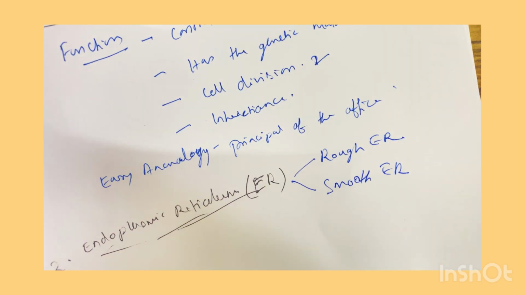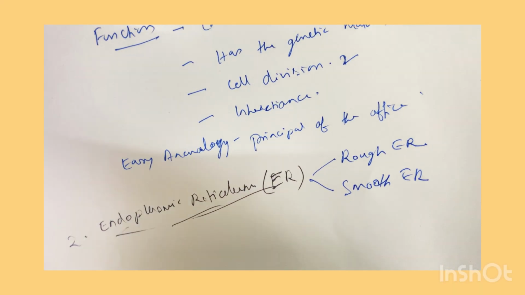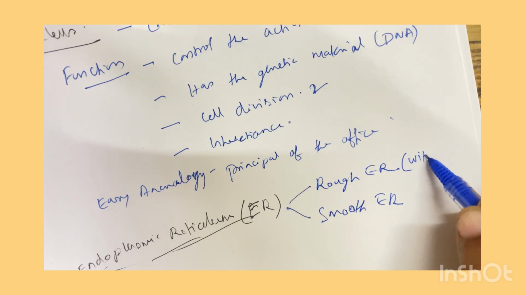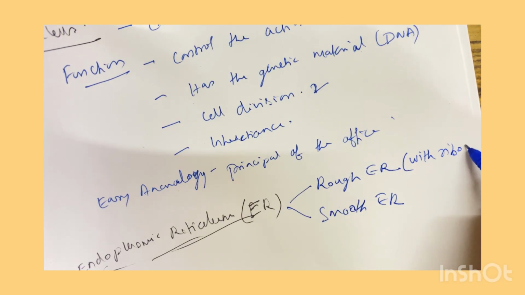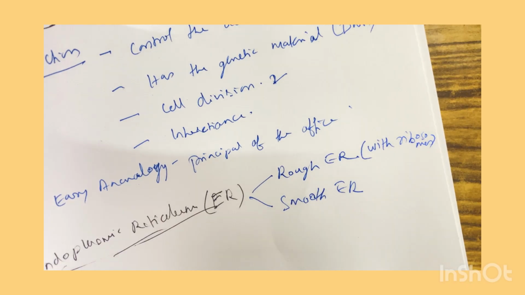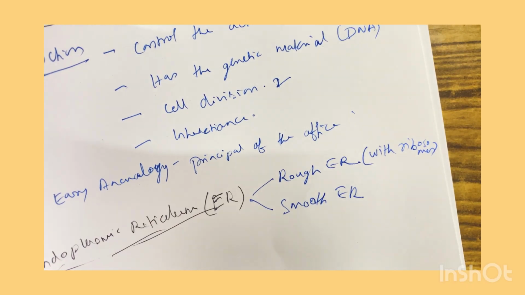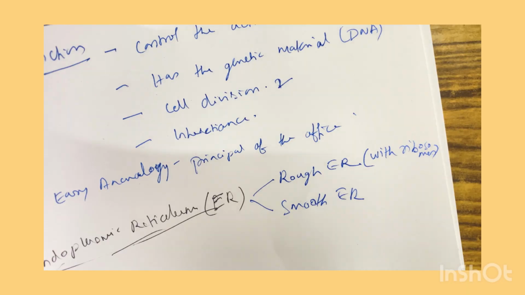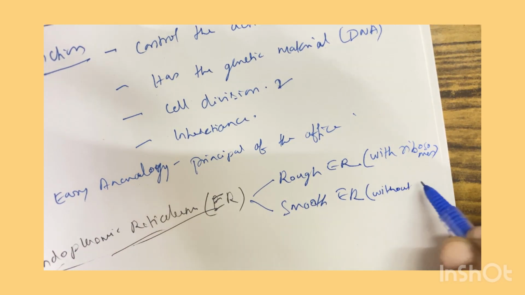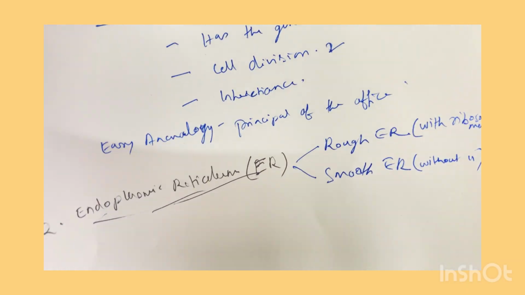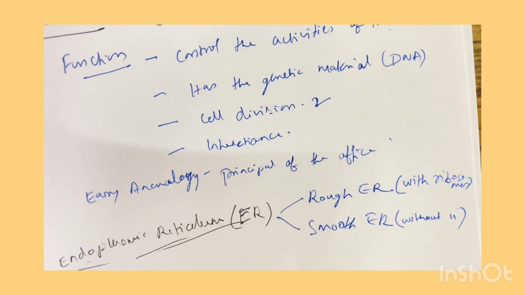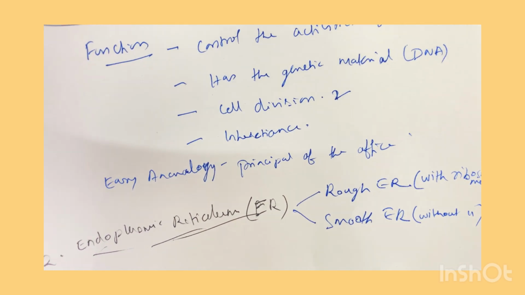The rough one is usually seen with ribosomes, and hence it is rough in nature, because the ribosomes are attached to the endoplasmic reticulum and its texture becomes rough. Smooth ones are without ribosomes. So we have two types of endoplasmic reticulum, rough endoplasmic reticulum and smooth endoplasmic reticulum.